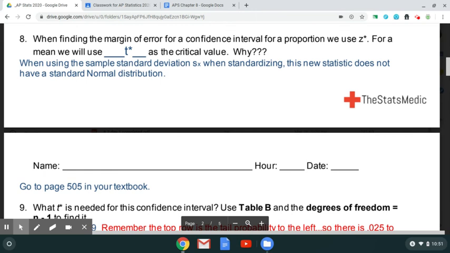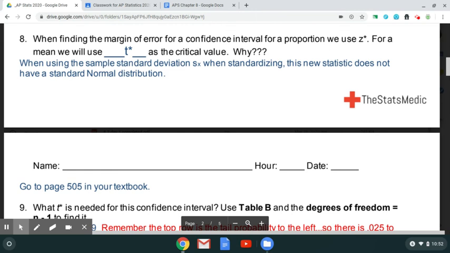So he started noticing that the normal distribution didn't really apply when he calculated this new statistic using the same format that we used when we were calculating z, the statistic minus the parameter divided by the standard deviation. And he was like, something's going on here. So through his investigation, this whole new branch of statistics kind of opened up, and it was all because of beer. So beer, you can thank for this t distribution.